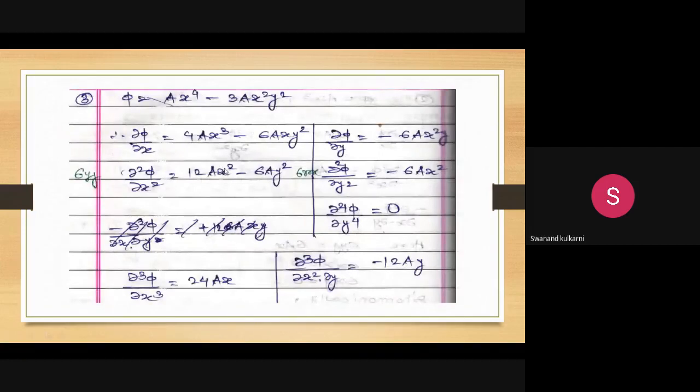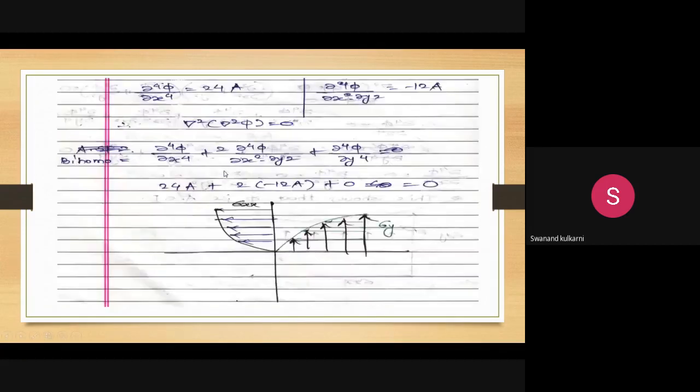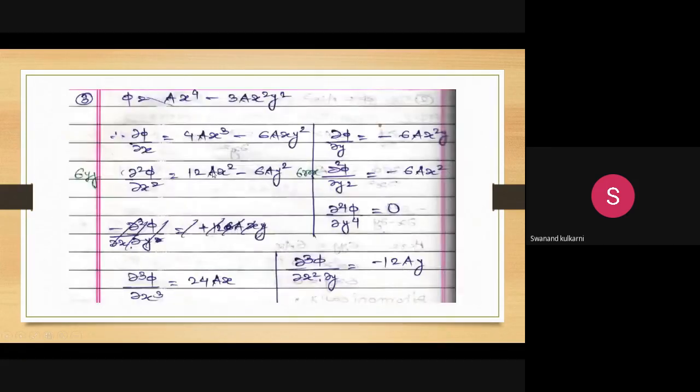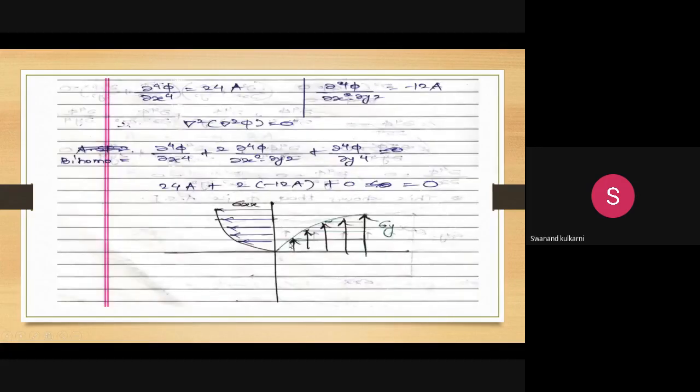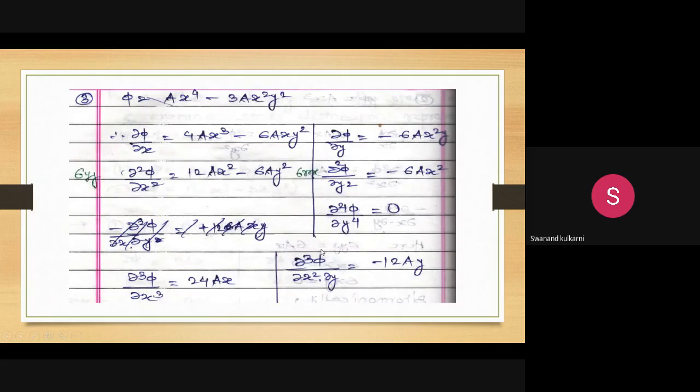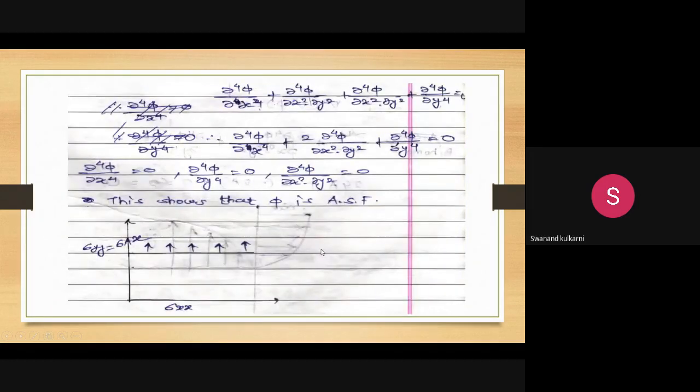Again, since square terms are present in both cases, it is parabolic in nature, so this will propagate in this direction. Is it okay? So we should be able to plot the diagram also.